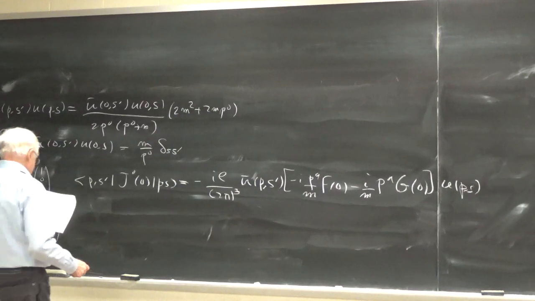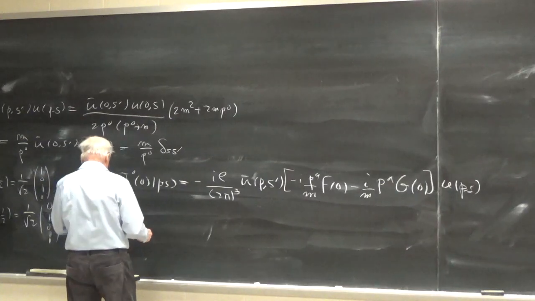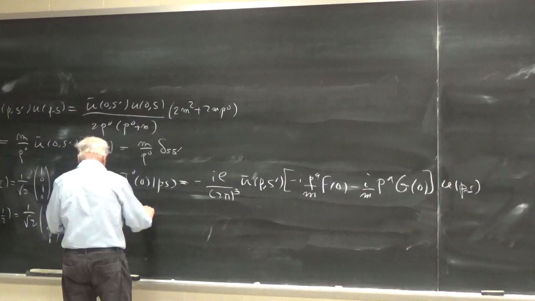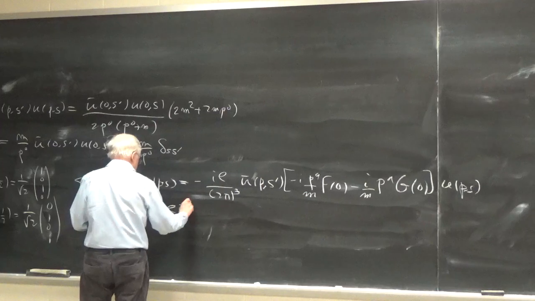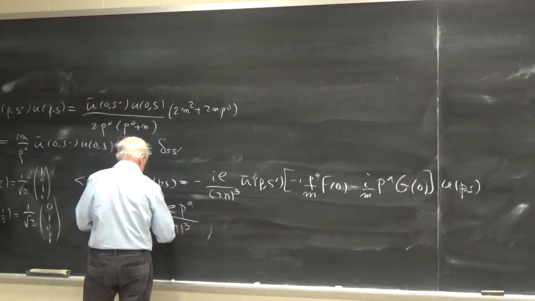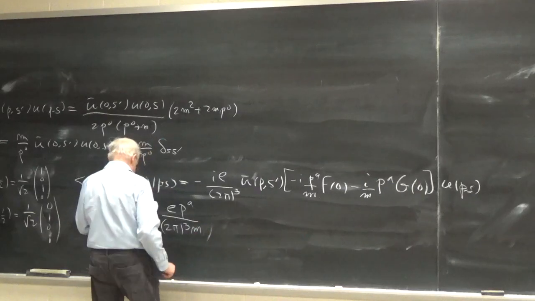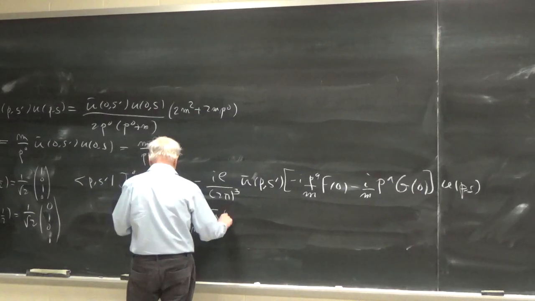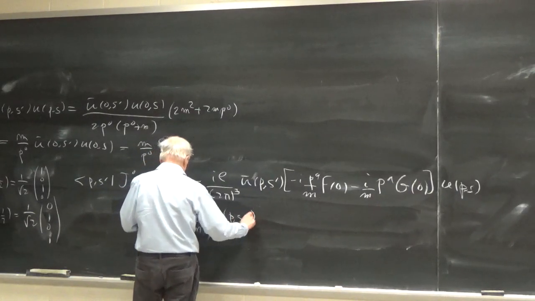So what we have is minus E P A over 2 pi cubed M, U bar of P and S prime.